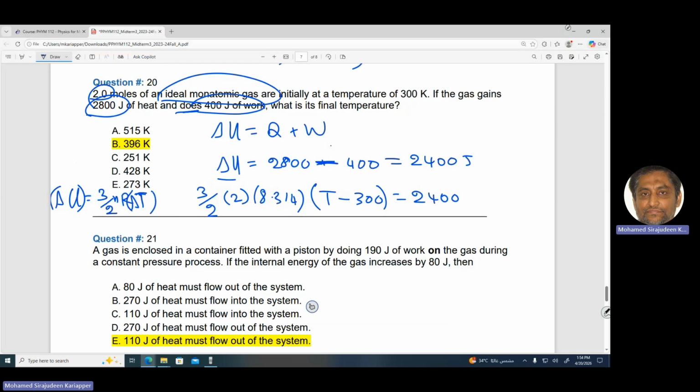Somebody do it for me and see whether you are getting the right answer. I just want to be sure I didn't make a mistake. Since all in Kelvin, the answer should be in Kelvin. All right, let me do it.